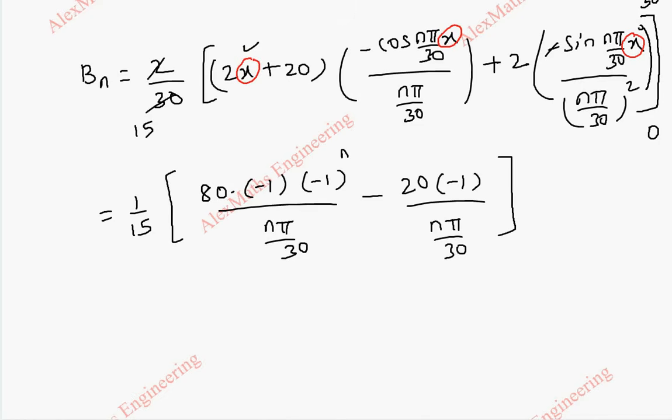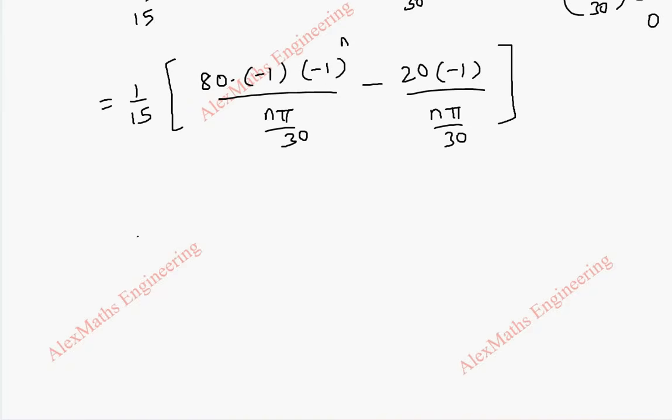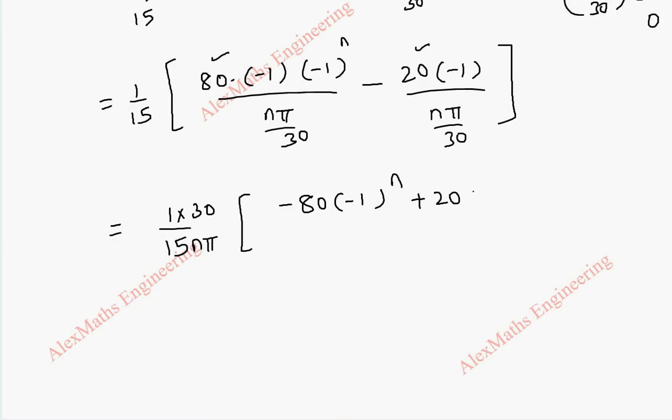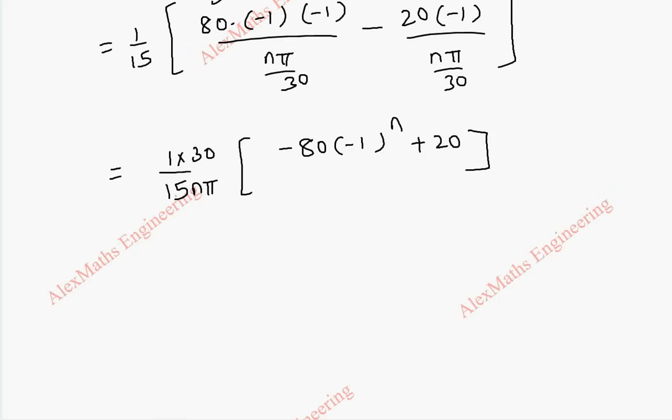Now we are going to simplify this further. We have 1 by 15. This n pi by 30 I can take out, so n pi and 30 will go to the numerator. And now we have 80 and 20. So this is minus 80 into minus 1 whole power n, then this will become plus 20. And I can take the 20 also common, so this we can cancel.